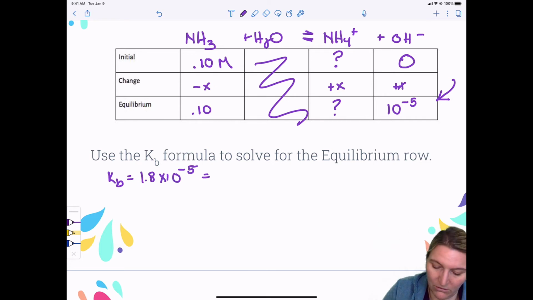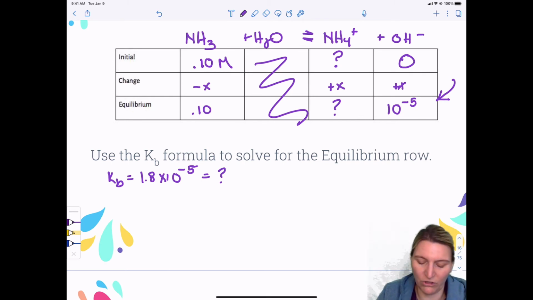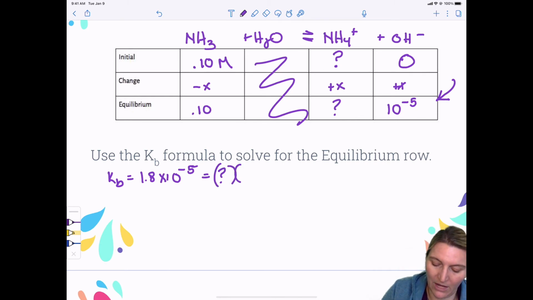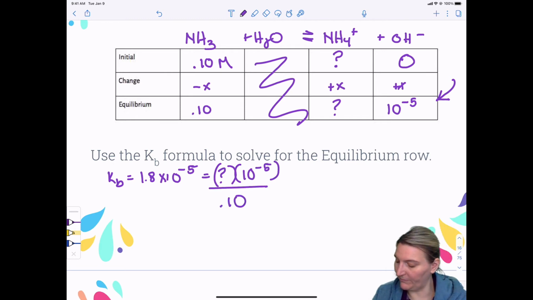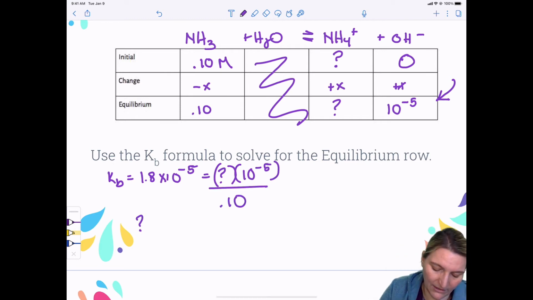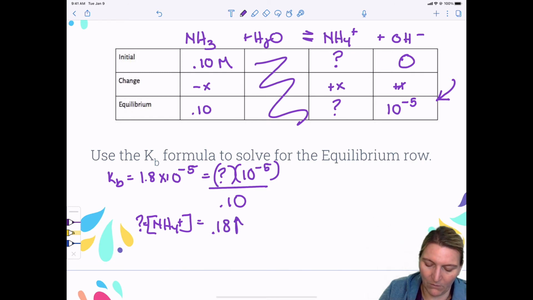That's equal to that unknown concentration of ammonium times 10 to negative 5 over 0.10. I solve for that unknown. It is the concentration of the ammonium ion, and that is 0.18 molarity.